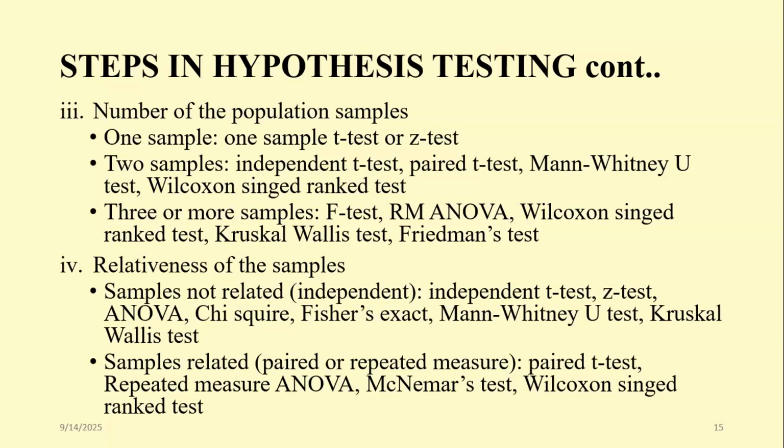If your data has 3 or more samples, you are going to use ANOVA, that is the F-test, or repeated measures ANOVA, Kruskal-Wallis test, or Friedman's test. These are the possible tests you can use to compare 3 or more samples or categories.